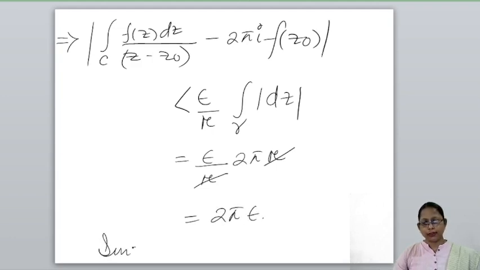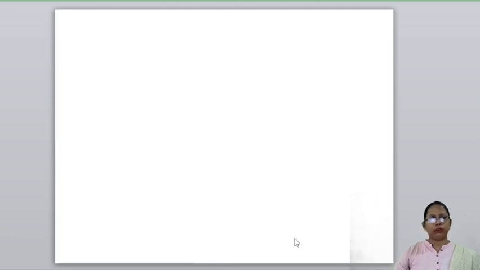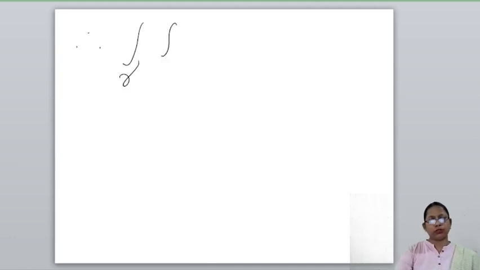Since epsilon greater than 0 is arbitrary, the right-hand side is 0, and therefore the modulus of the integral over C of f(z) dz by (z minus z naught), minus 2 pi i f of z naught, is 0.